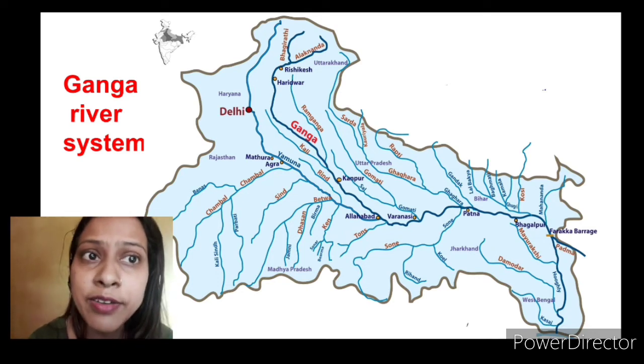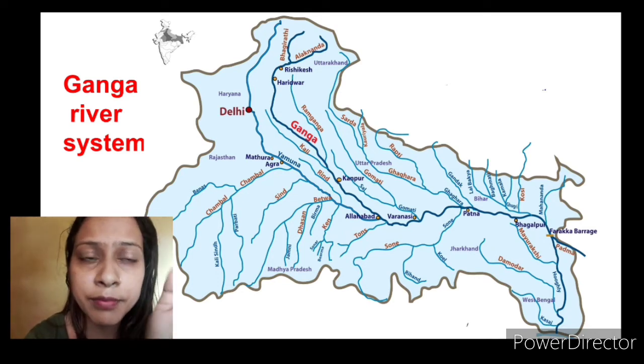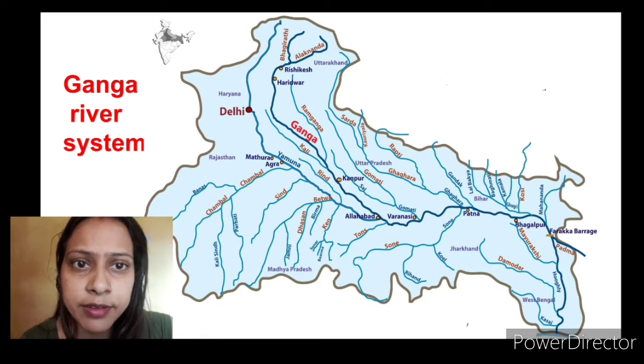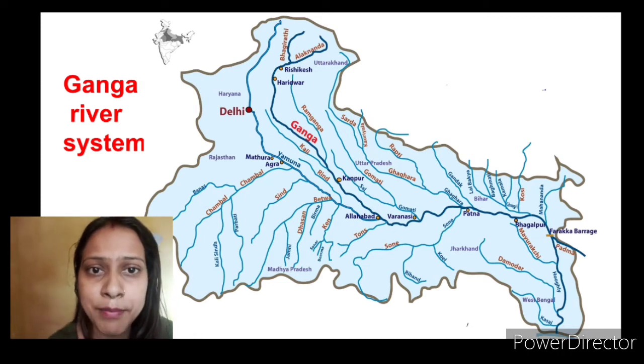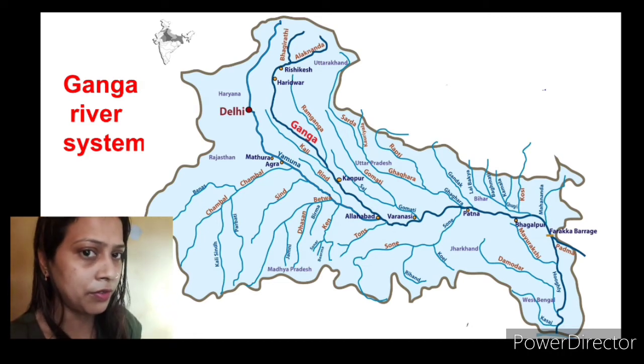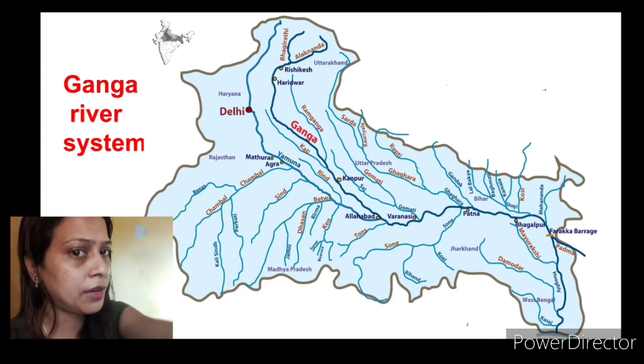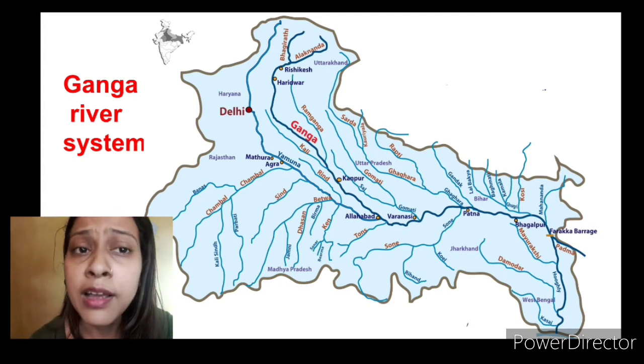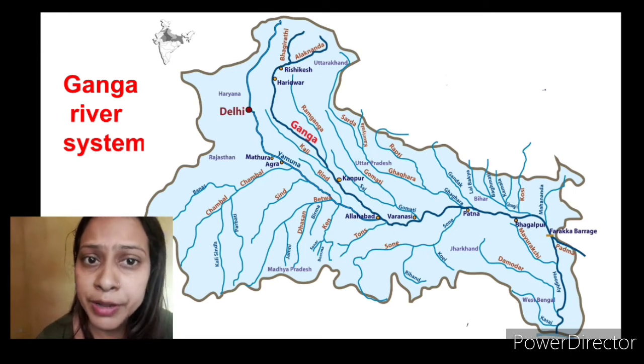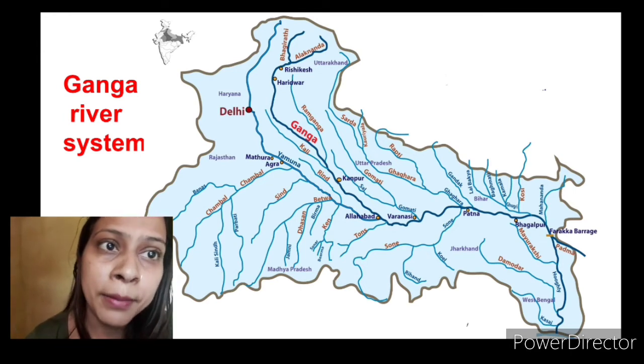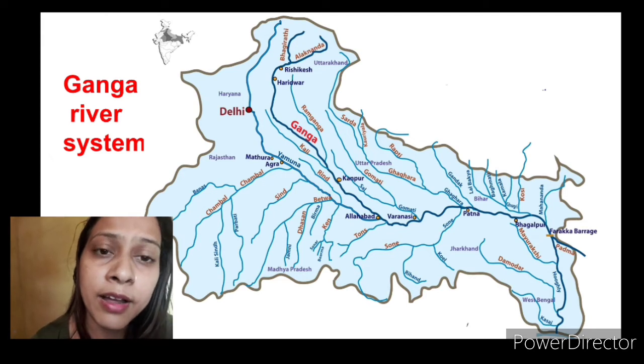Though it looks like the left bank, if we see from the original point of the river Ganga, this side will be right bank and that side will be left bank. So Yamuna is a right bank tributary, and left bank tributaries are Ramaganga, Gomti, Ghagra, Gandak, Koshi. Right bank tributaries include the Yamuna, then Chambal, Sindh, Betwa, Ken, Son, etc.